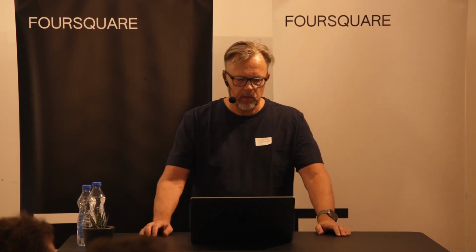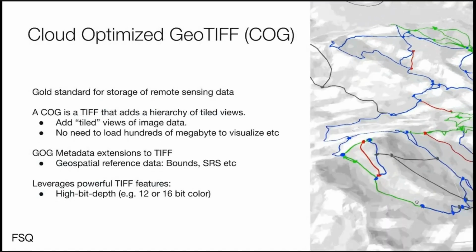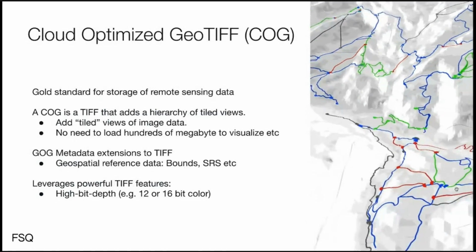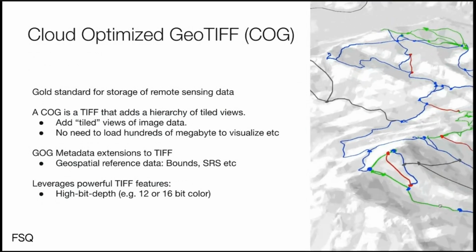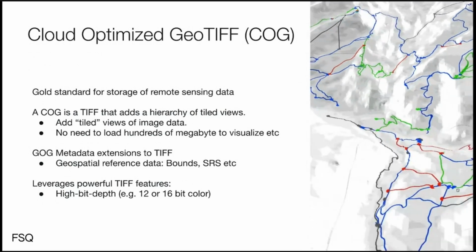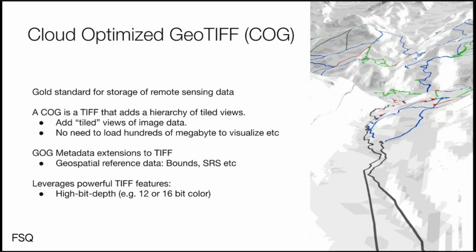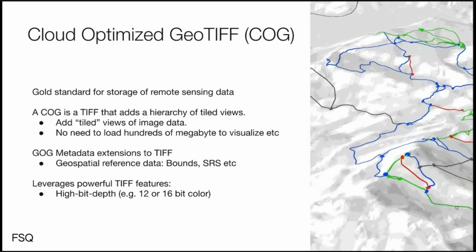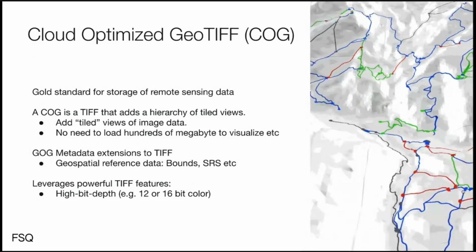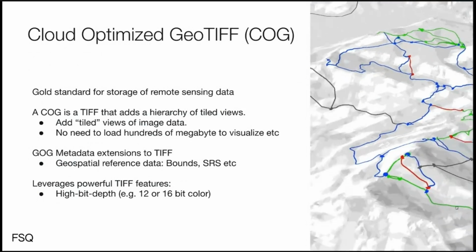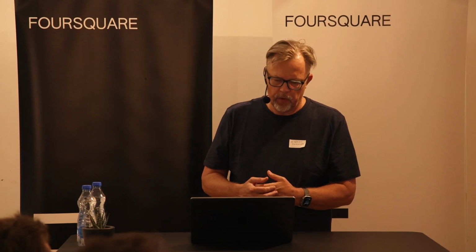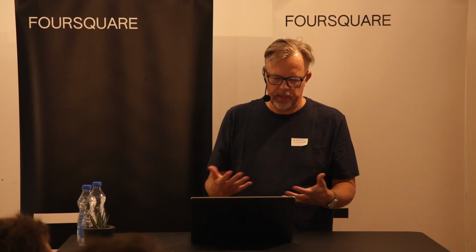When we talk about satellite data, now we're leaving the world of vector data. We're leaving the world of tabular data, and we're now looking at two-dimensional grids of data. And so the format called cloud-optimized GeoTIFF, and obviously this is an evolution of GeoTIFF, which is an evolution of TIFF, and TIFF is a high-resolution image format. A TIFF can have multiple images, and they can have more than 8 bits per color.